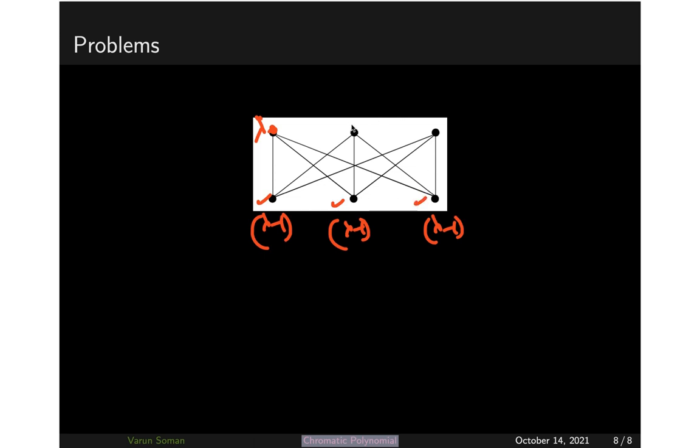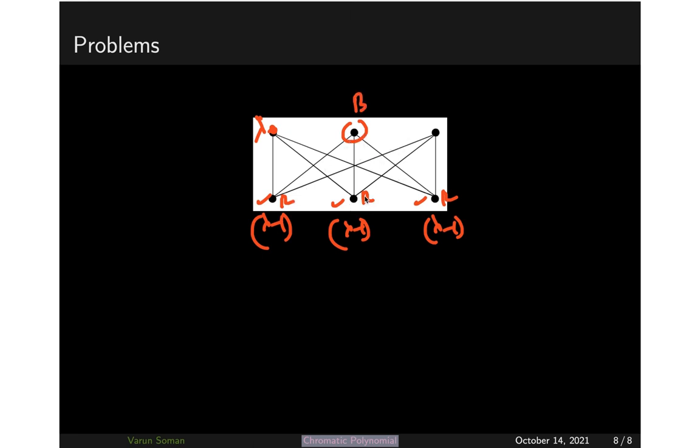Now look at this vertex. It is adjacent to this one and this one. Suppose they have been given colors, suppose they have all been given the red color, no issue in that. This vertex is adjacent to them, so red alone cannot be given to it, but I can use any other color. So except one option, all other options are available for this one.